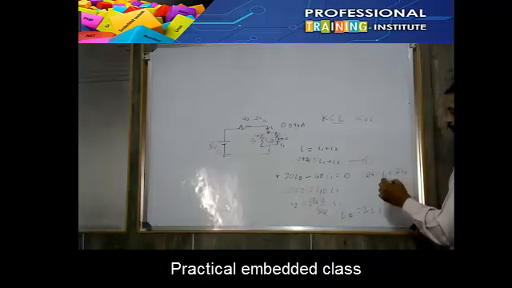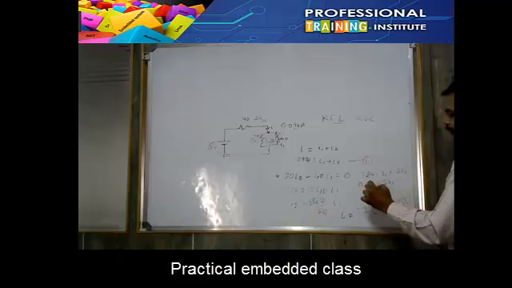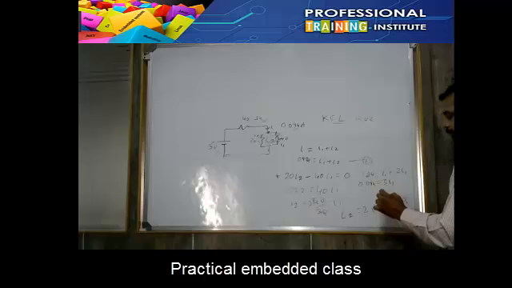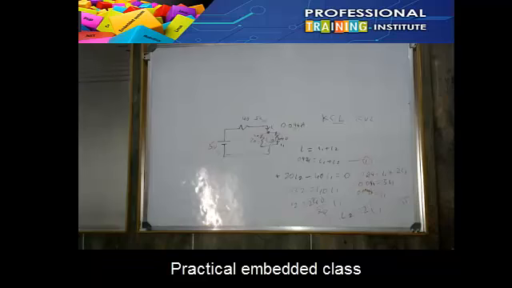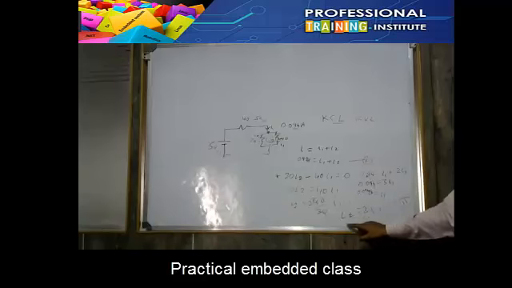So total this becomes 3I1 equal to 0.094. So I1 is equal to 0.094 divided by 3. So this will become I1. How to calculate I2? You know I1, just multiply by 2, it will become I2.